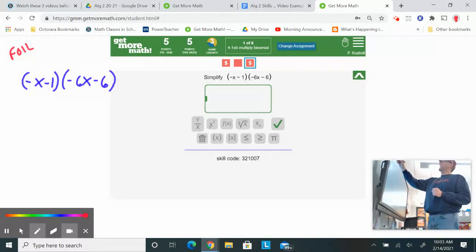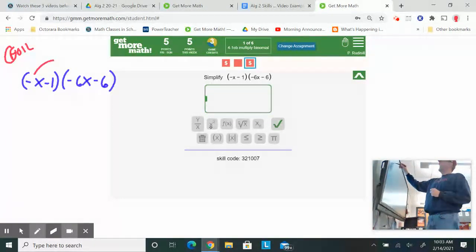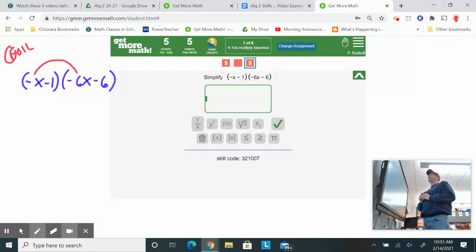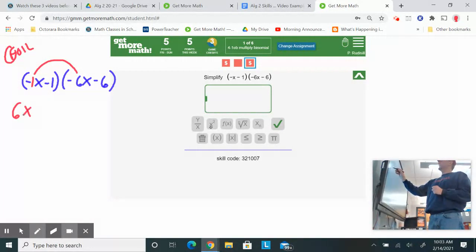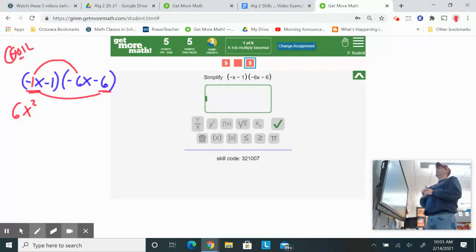So the F is for the first. I take the first term in the first set of parentheses and the first term in the next one. I get negative 1 is the coefficient times negative 6 is the positive 6, and the x squared. The outers is when I take this outside one here and this outside one here. Negative 1, negative 6, positive 6, and there's an x there, so it's 6x.